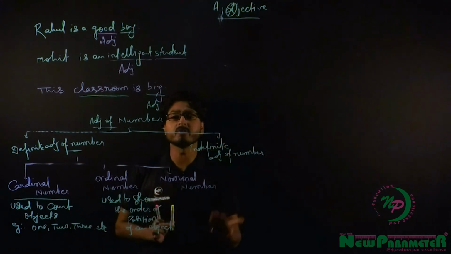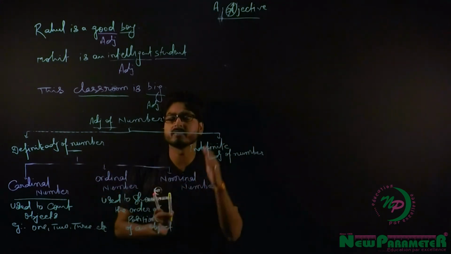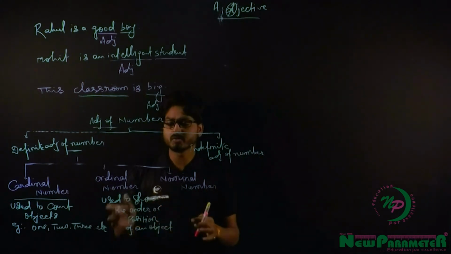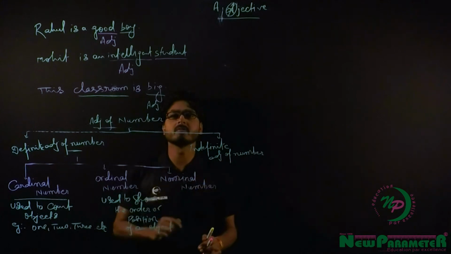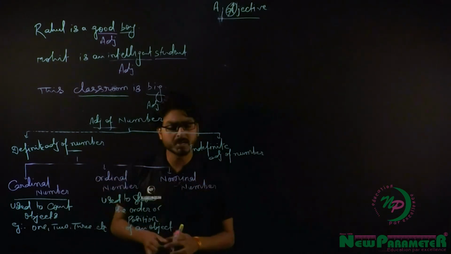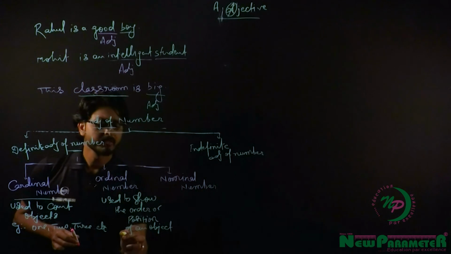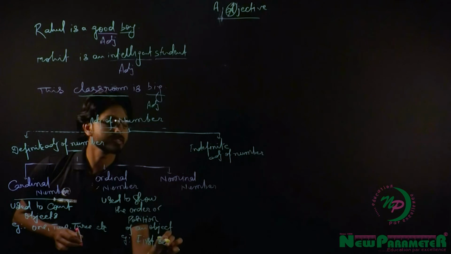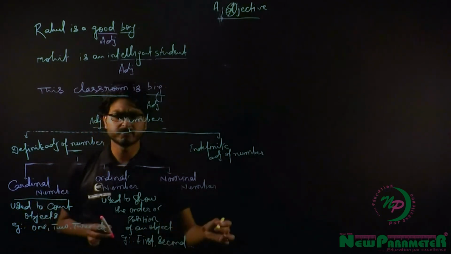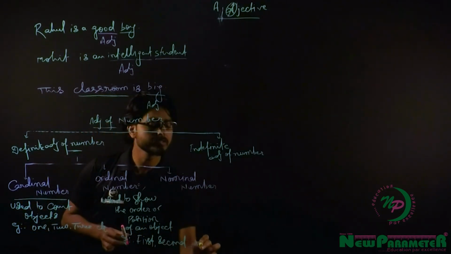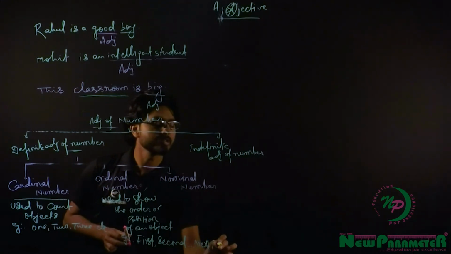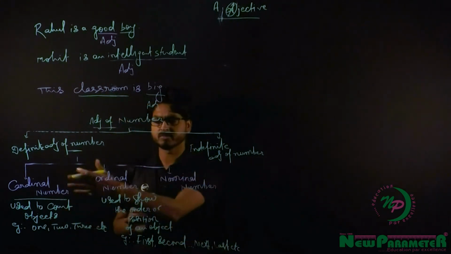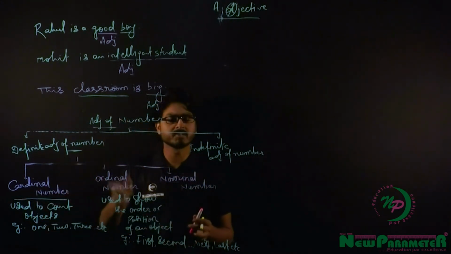So basically I want to know the exact position or order of that person or thing. So whatever number we use to show the order or position of a noun, pronoun, or anything is called what? Ordinal number. So in this one, we must write first, second, third, fourth, and we can also use next, last, etc. Okay. I hope you are getting what I'm telling you. What is cardinal number, what is ordinal number.